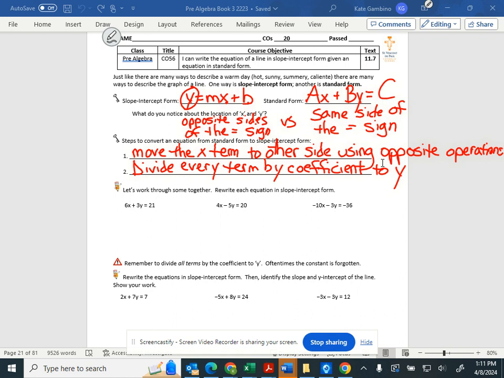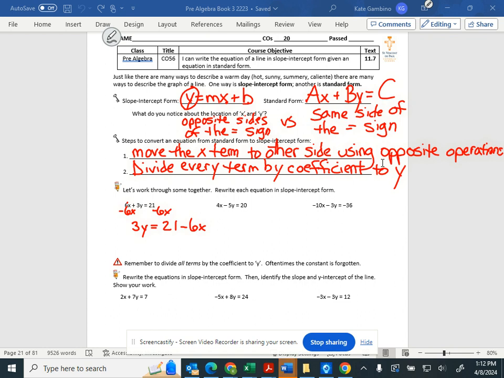So let's see how this looks when we do it together. 6x plus 3y equals 21. What's the first step we're going to do? Okay. We have to subtract that 6x from both sides. So 6x minus 6x is 0. So we're left with that positive 3y equals 21 minus 6x.